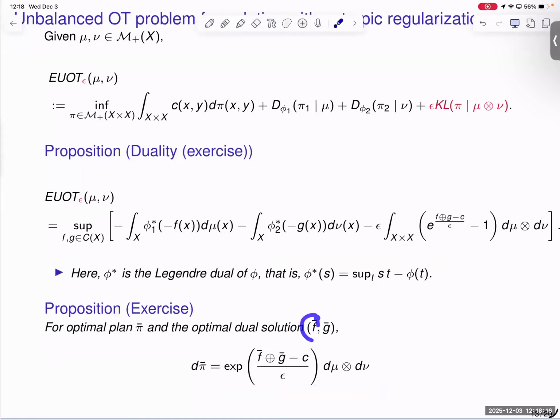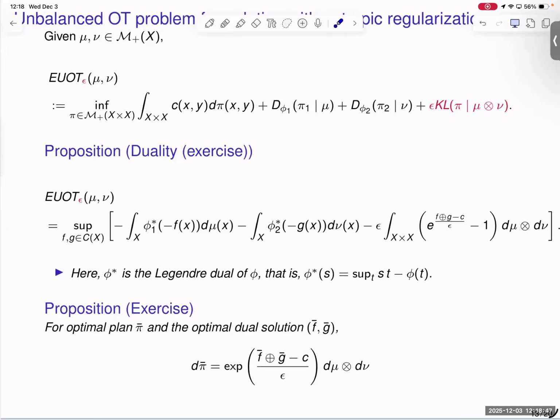If you find the optimal solution for the dual, F bar and G bar, then this is exactly the same formula we have seen in the entropy regularized optimal transport, right? So you can characterize exactly your pi bar by knowing F bar and G bar, and this will give you all the information about where to transport or not, and so on.